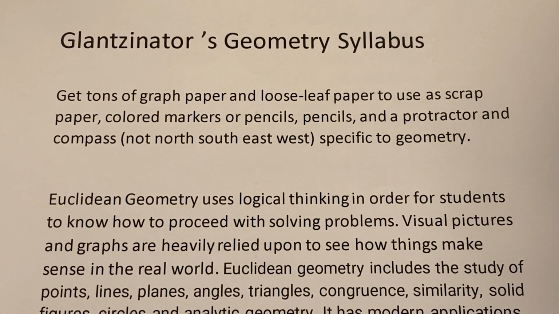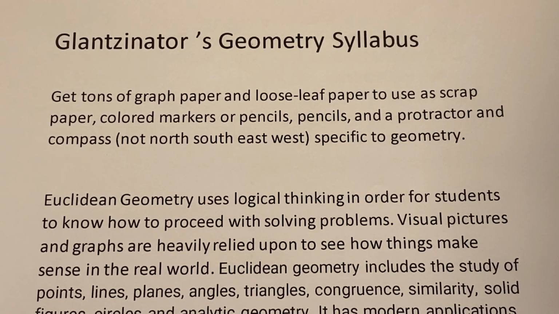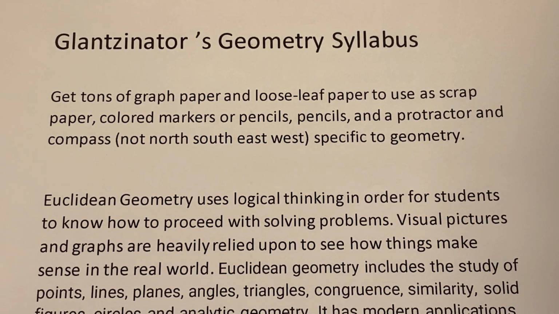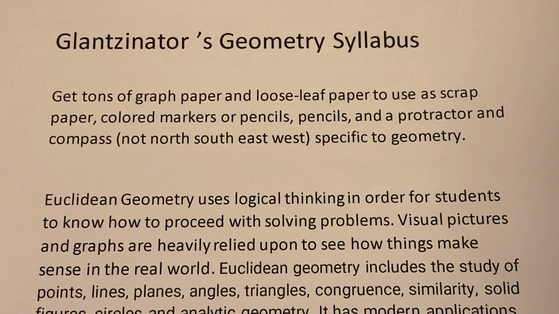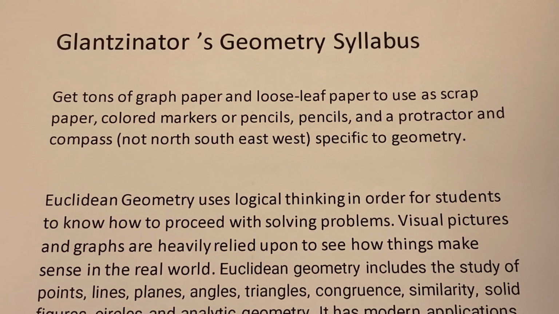So you're going to need some colored markers or colored pencils, regular pencils, and time to get a protractor. Your teachers will all want you to have this, a protractor that measures circles and angles, and a compass. Now, that's not the kind you take on a camping trip.